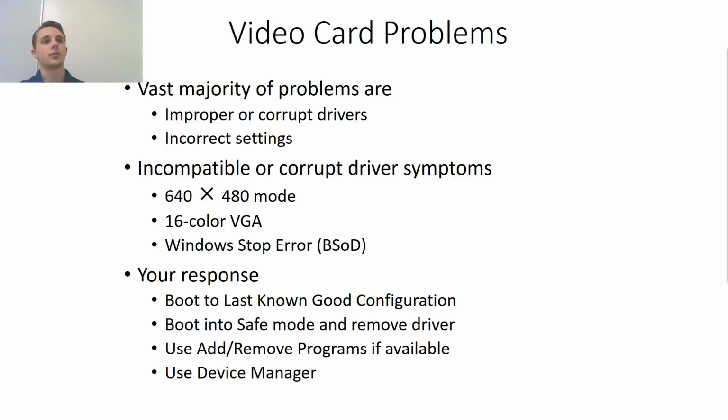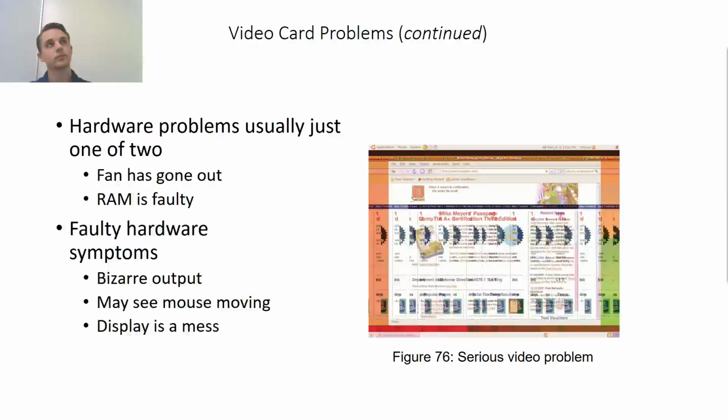Kind of the same process for video card errors as other drivers. Just verify to see if it's a driver issue, software issue, or hardware issue. Hardware issues, usually the RAM has gone bad or the fan has gone bad.